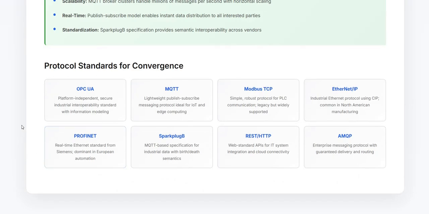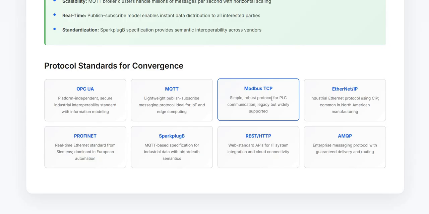And what are the protocol standards for convergence? Glance at the protocol standards shown. OPC UA handles structured industrial data securely. MQTT carries lightweight publish-subscribe traffic.